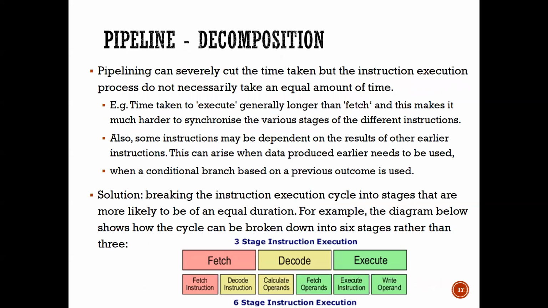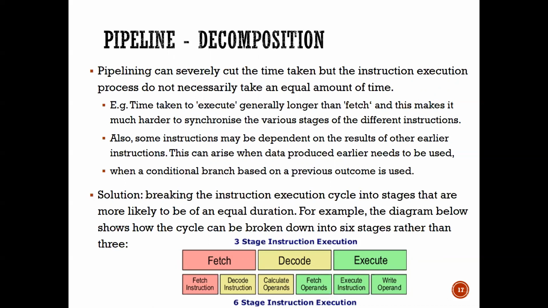Pipeline decomposition. Pipelining can severely cut the time taken, but the instruction execution process does not necessarily take an equal amount of time. The time taken to execute is generally longer than fetch, and this makes it much harder to synchronize the various stages of the different instructions. Also, some instructions may be dependent on the result of other earlier instructions.